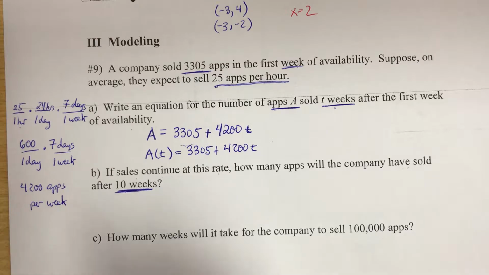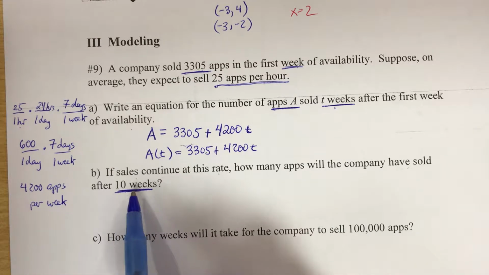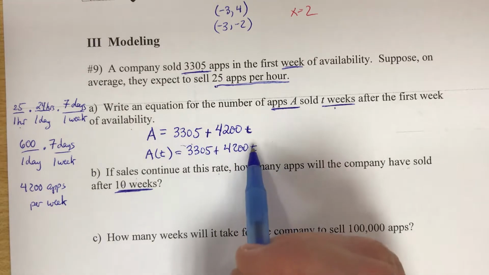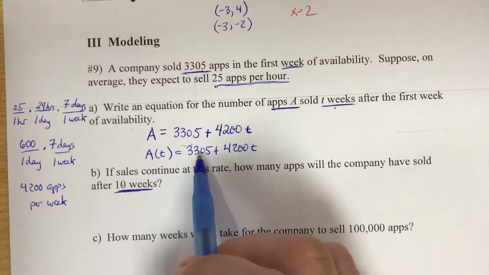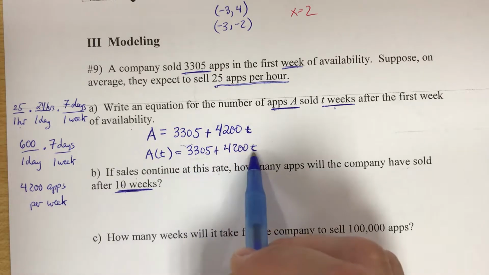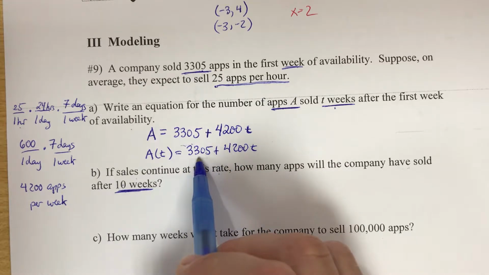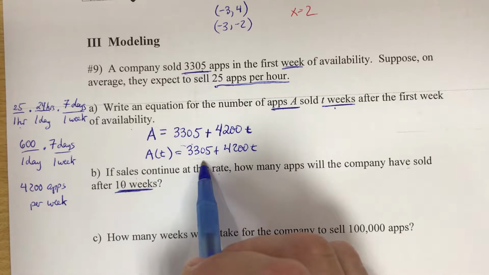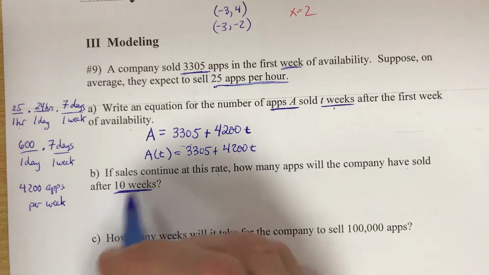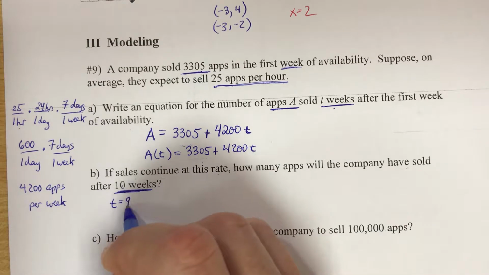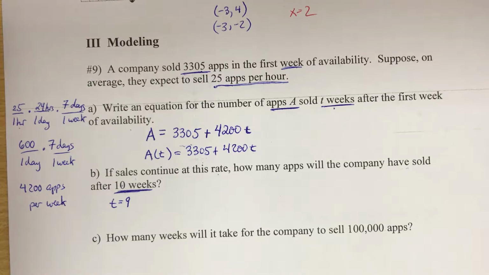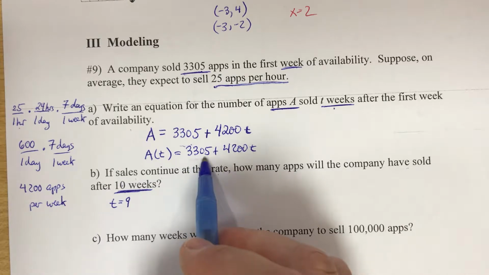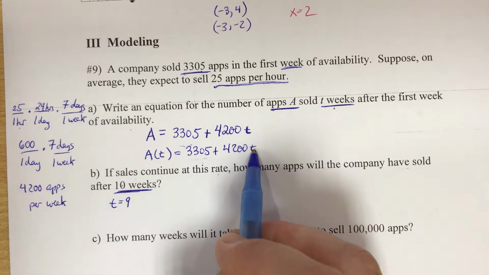But you're going to be tempted to just substitute 10 for the T. We know that in 1 week we sell 3,305, so if I put a 0 in, that actually represents the end of 1 week. So after 10 weeks is where T is going to be equal to 9. Because this represents after the first week, that would be where this is 0.